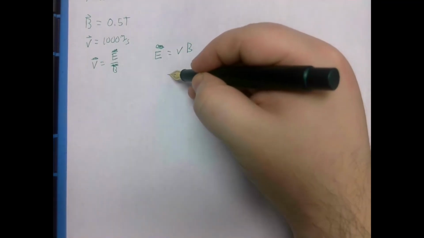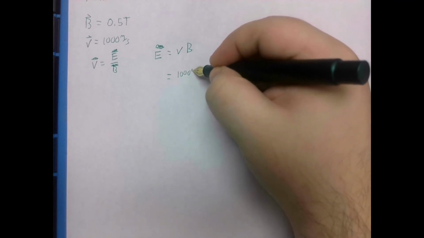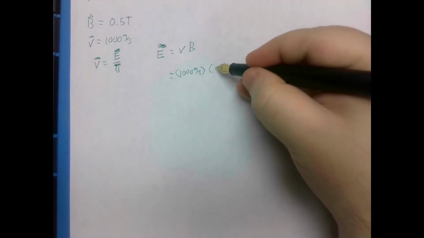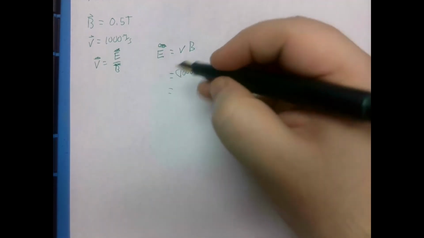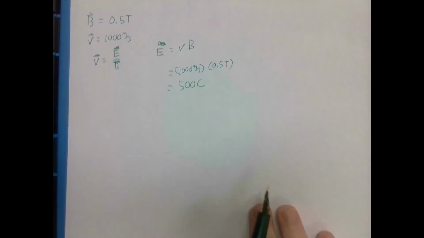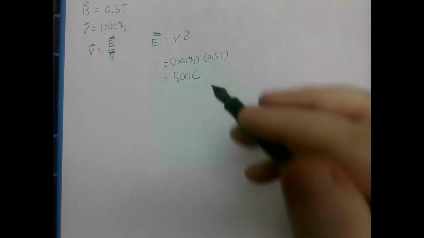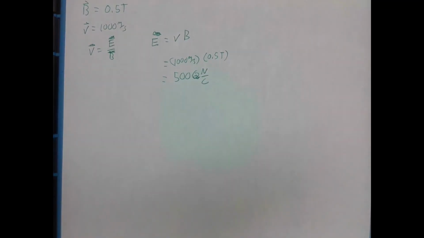And thus, we plug in 1,000 meters per second, 0.5 Tesla, and we get 500 newtons per coulomb. Actually, that's not that bad. That's actually a weak electrical field.